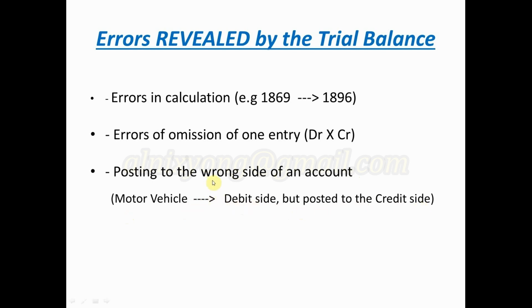That's why we call it the wrong side of an account. Next, amounts posted disagree. Let's take this example here. We're supposed to key in 1869, but we post it as 1896. That's what we call amounts posted disagree.